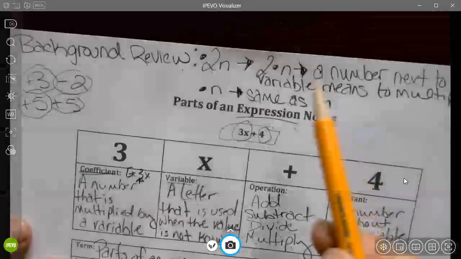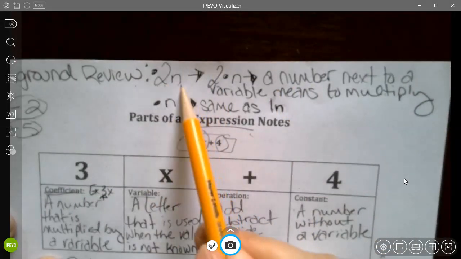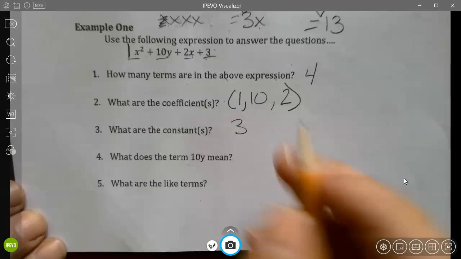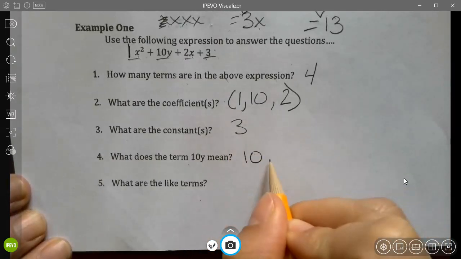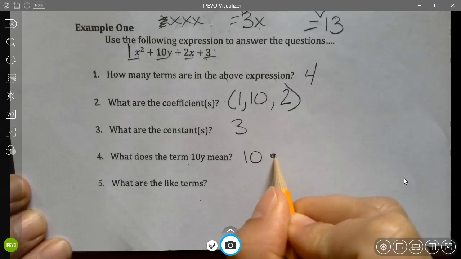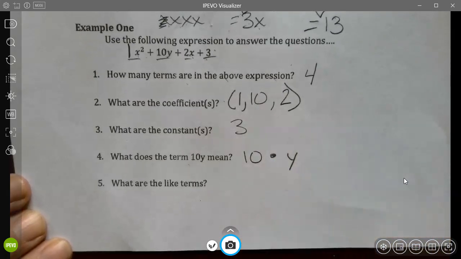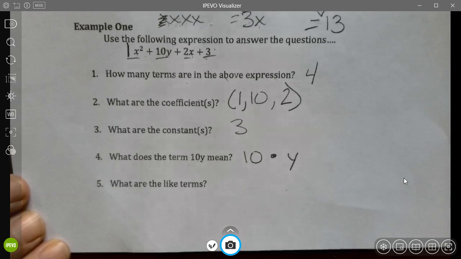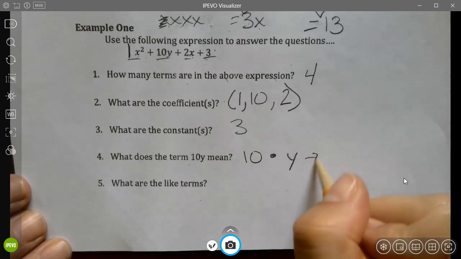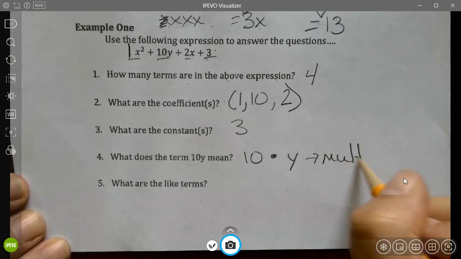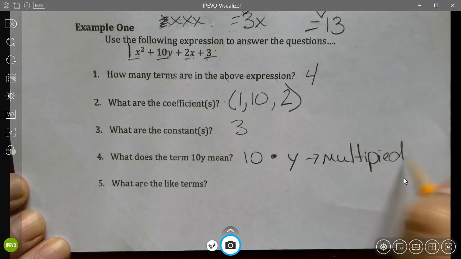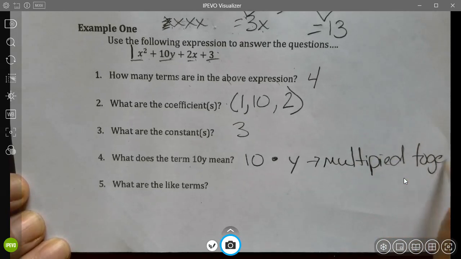Well, if we go back to our background knowledge, when a number and a variable are next to each other, it means to multiply. So what does 10y mean? 10 times y. That's all that means. It just means they are multiplied together.